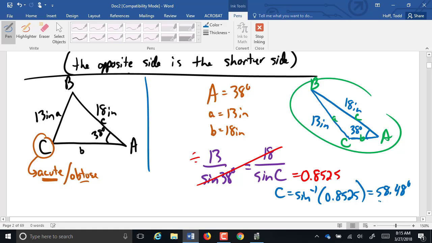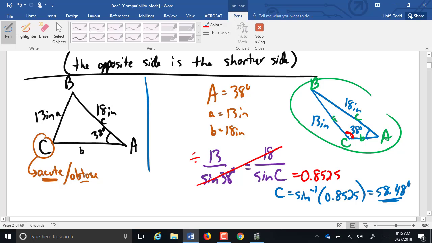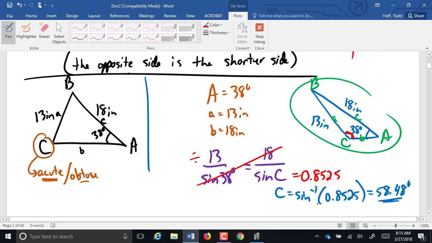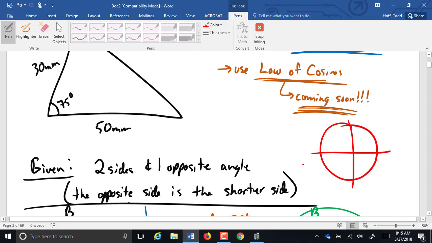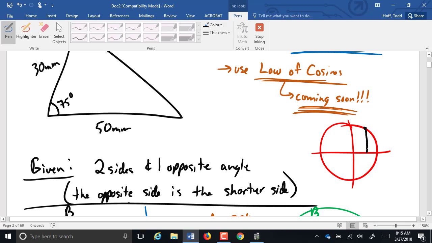Now let's look at our picture here. Is that angle 58.48 degrees? Say no. No. But remember, when we saw on our unit circle, we had a sine there of 0.8525. Sine of 0.8525 is like this, right? Is there another spot on that circle that has a sine of 0.8525? Right over here. How does that angle relate to this one?